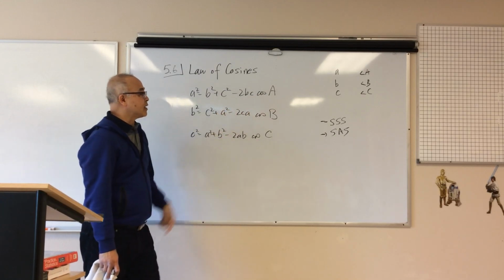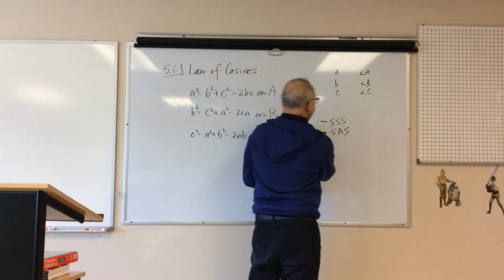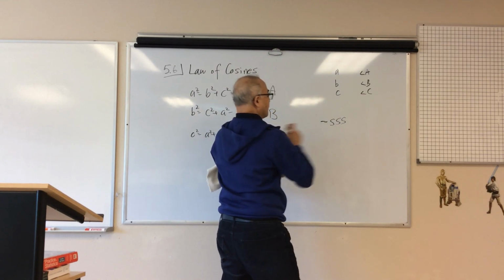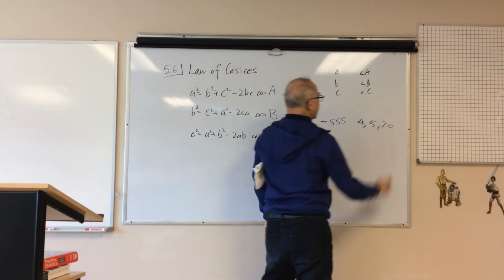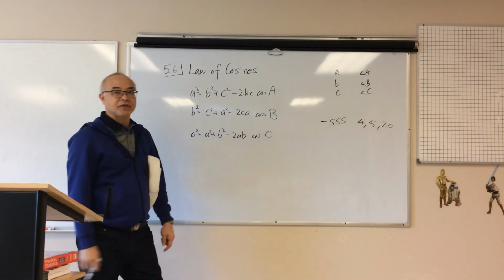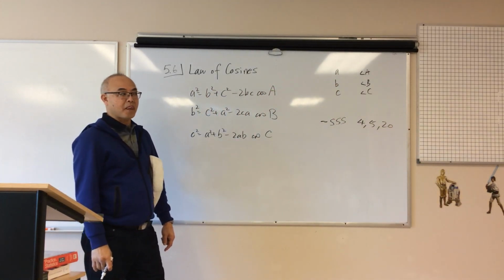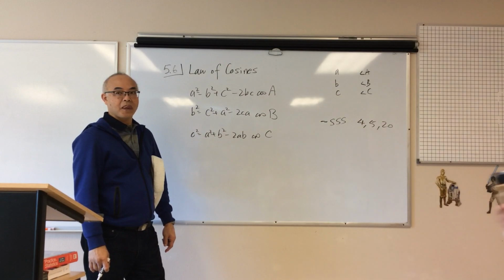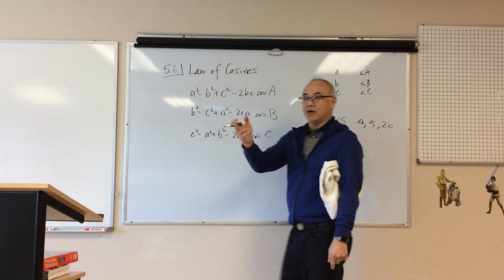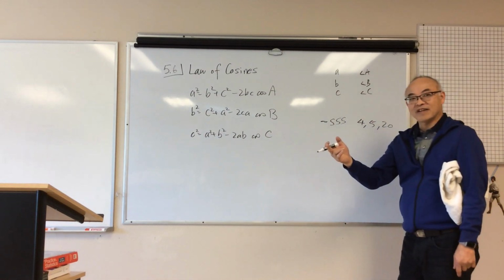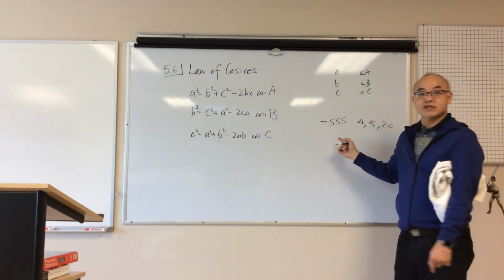Okay. So let's say I was given an SSS of 4, 5, and 20. How would I solve this? Is that possible? Why is it not possible? Because it does not, the sum is not greater. Yeah. Exactly, okay? So that's the first test.